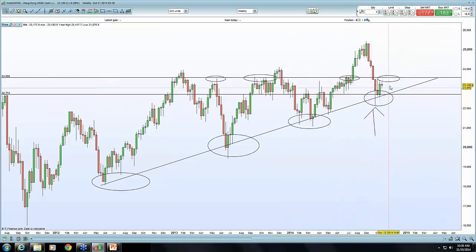We might consolidate around this area and break out to either side before we are clear whether the market wants to continue trending up or down. Right now, it's simple consolidation, supported by this nice trend line from 2012, and the resistance is this level here, quite a clear level. So draw these lines for your reference, and let's see what other index we can look at.